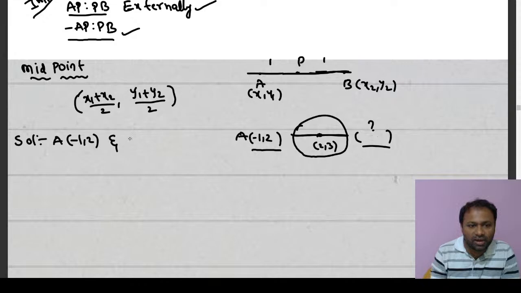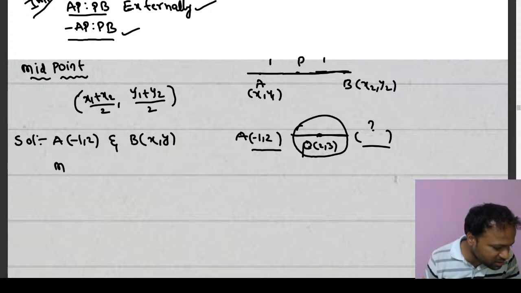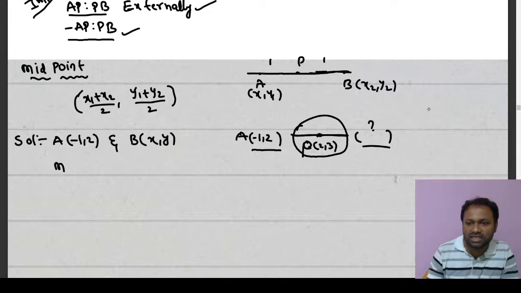I will take it as B of some x comma y. The center will be the midpoint, so I will take this midpoint as P. Kavya, that is 5 comma 4 you are saying. Let us check whether it is correct or not.